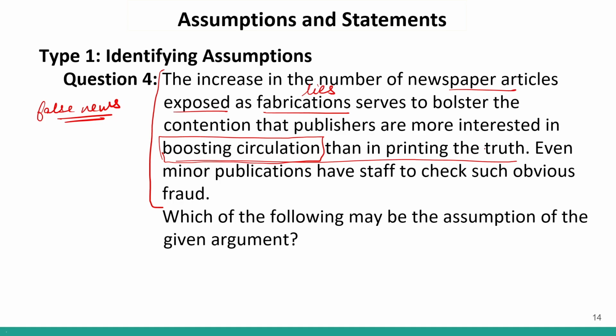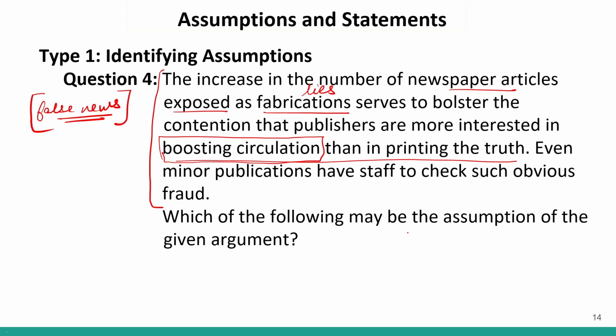Because the reason is also given that even the minor publications, even small publication houses, have staff that check such obvious frauds. So if such a scam is happening in big newspaper outlets, this means that the intention is only to provide false news. The intention is not correct. Okay, this is the gist of the statement.